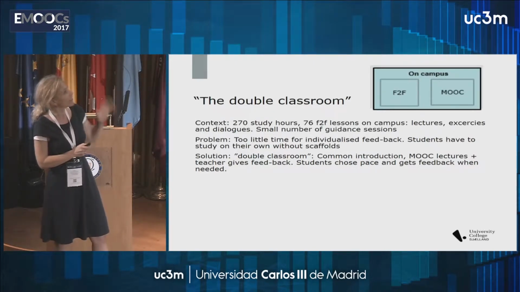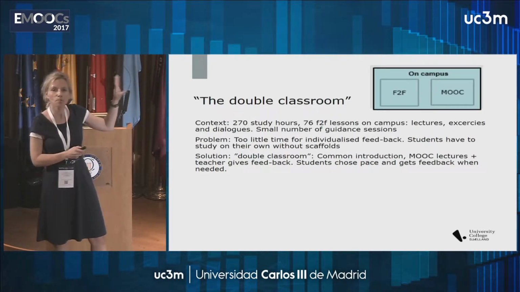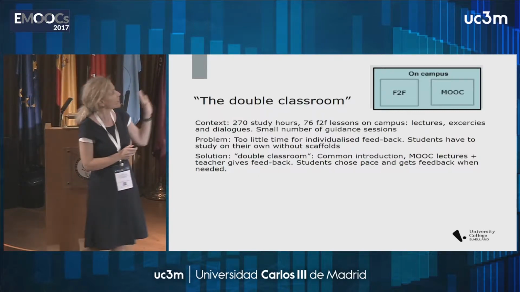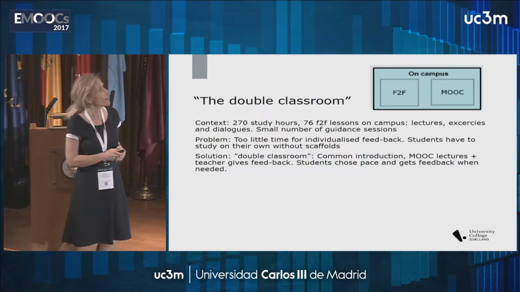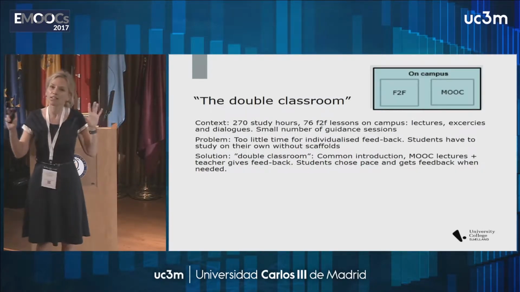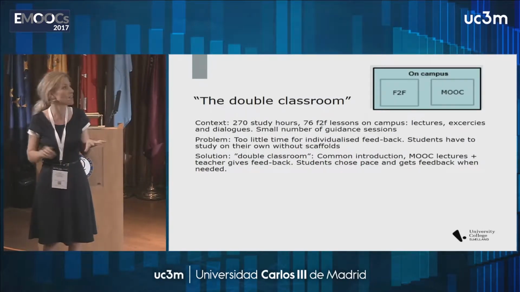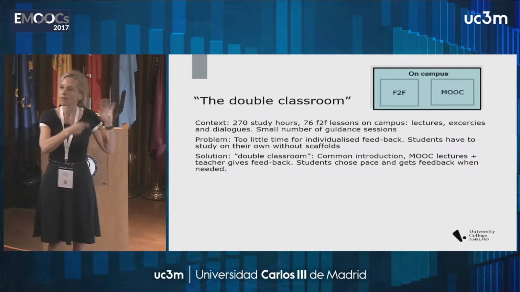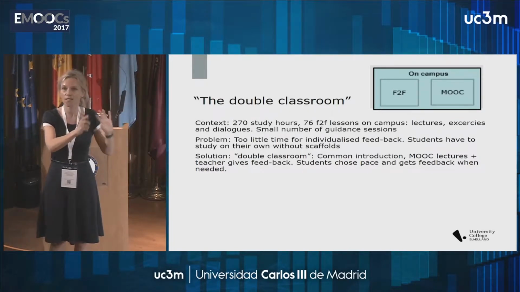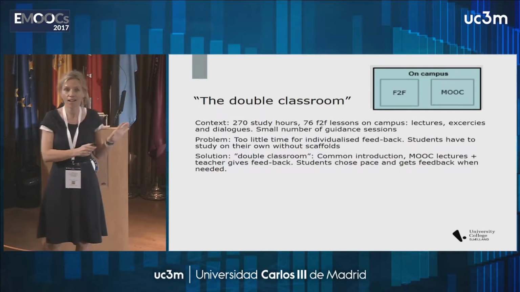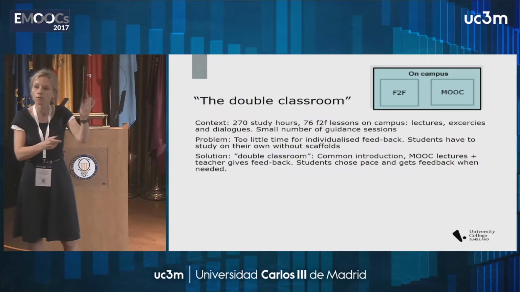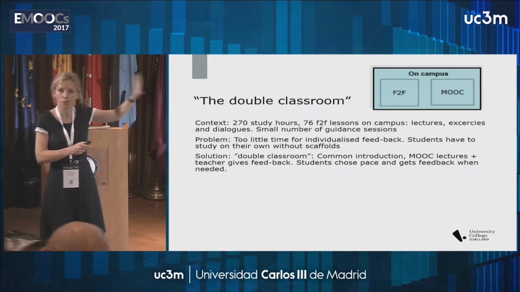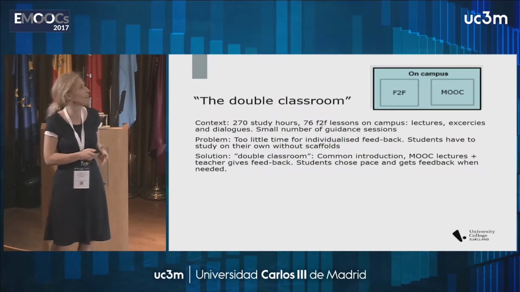The learning pattern could be framed like this. It starts with a common introduction, then the students in the classroom can choose to look at MOOC lectures and quizzes and work with the resources in this archived MOOC, and they can choose on their own which path to follow in the MOOC.